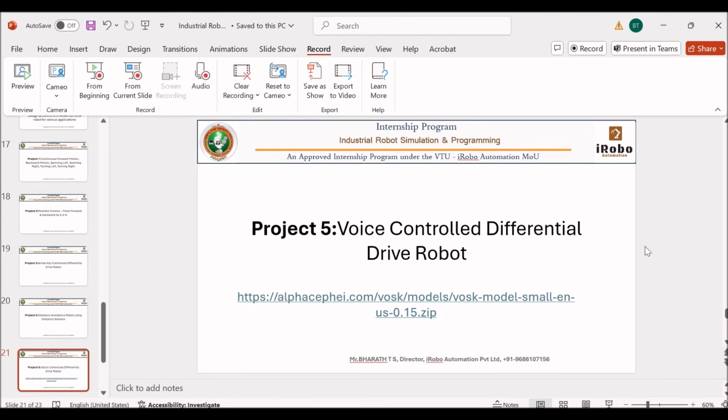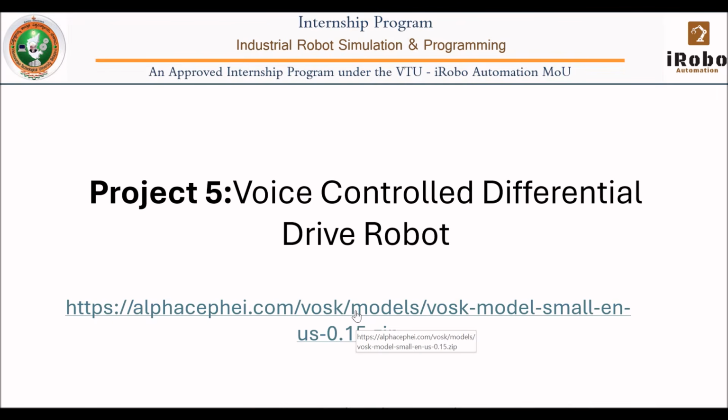Now we are going to discuss how we can control the differential drive robot through voice commands. Okay, so for that we need to download and link it to the Python, this VOSK voice recognition model. Okay, here link is given, so you can click on this link. It will be given in the description box.